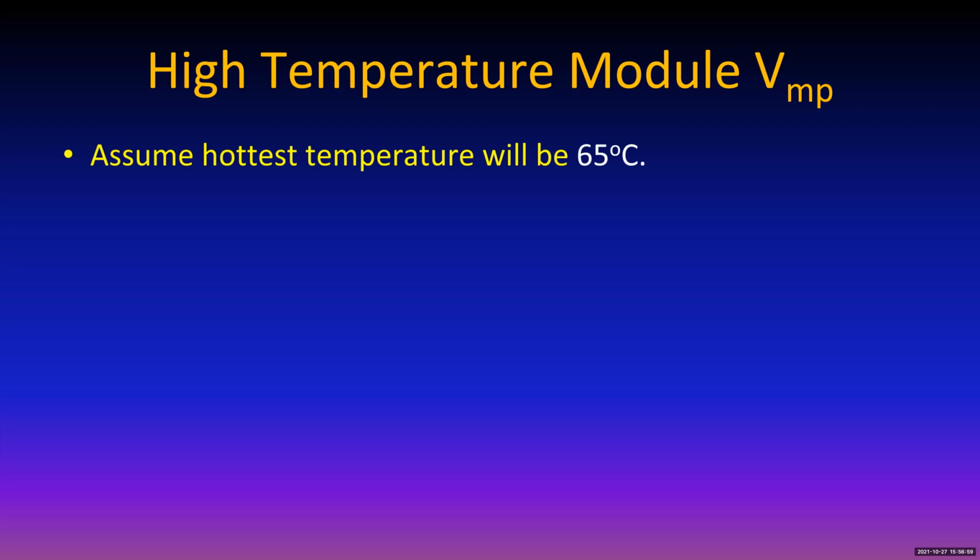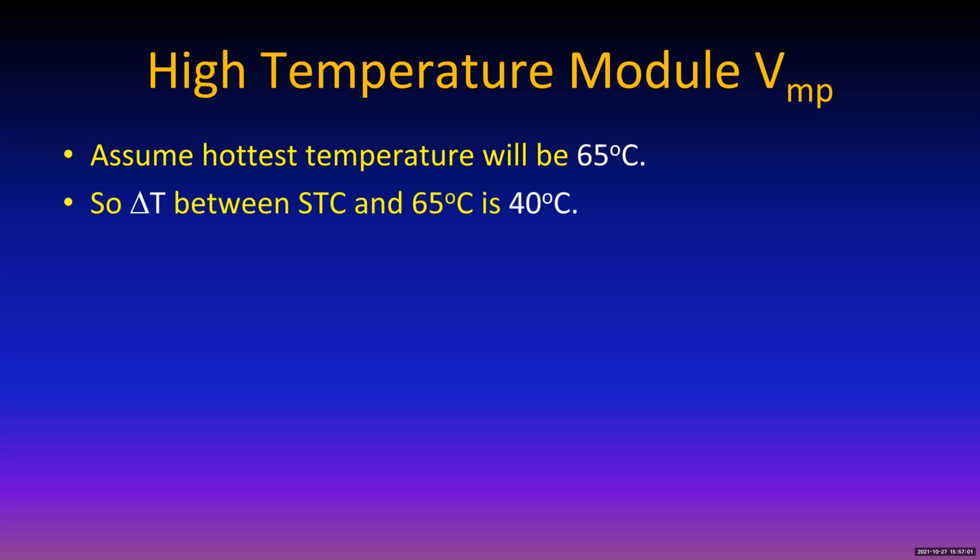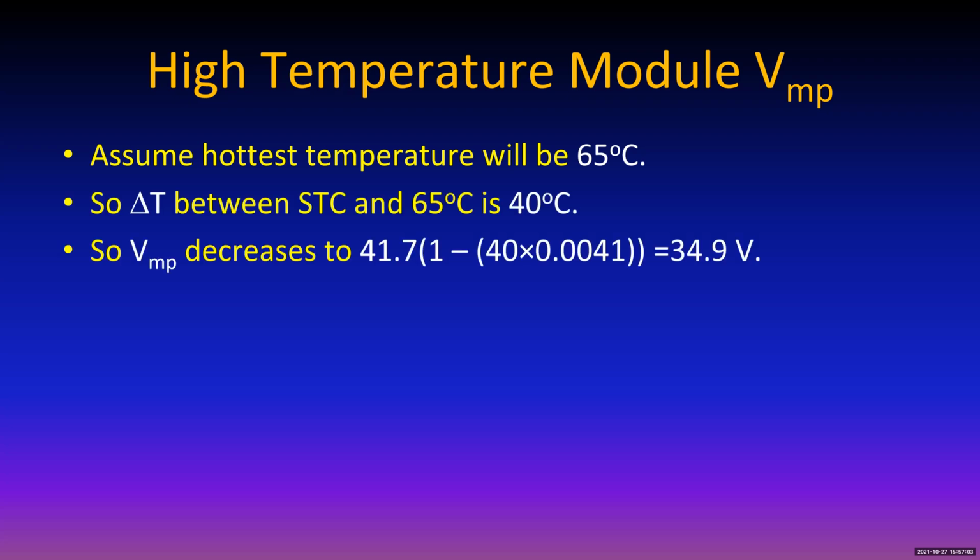It's not unusual to have a hottest temperature of 65 degrees, even in New York or New England or Minnesota. When it is 100 degrees Fahrenheit outside, 65 C is not an unreasonable value for the temperature of the module, because after all, you've all walked on hot black asphalt or even beach sand, and it's a whole lot hotter than ambient because it sucks up that energy from the sun and converts it to heat.